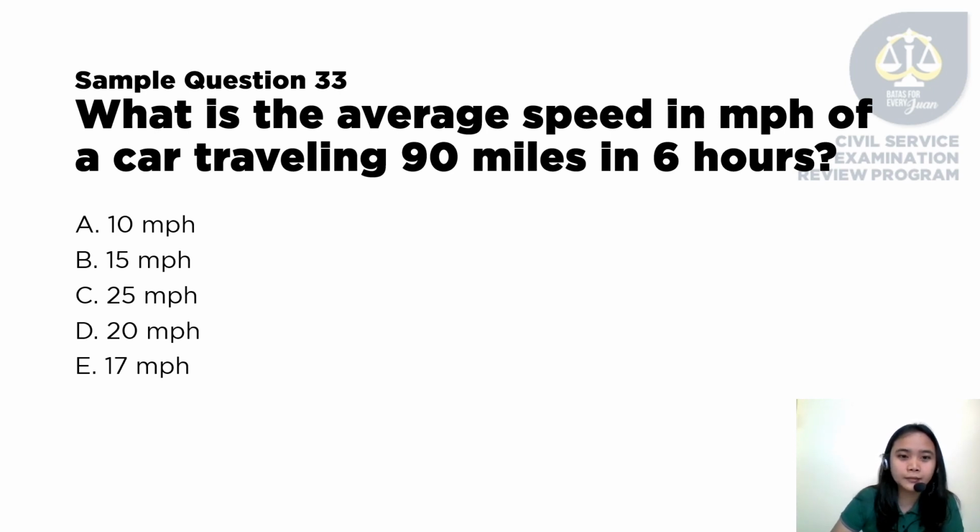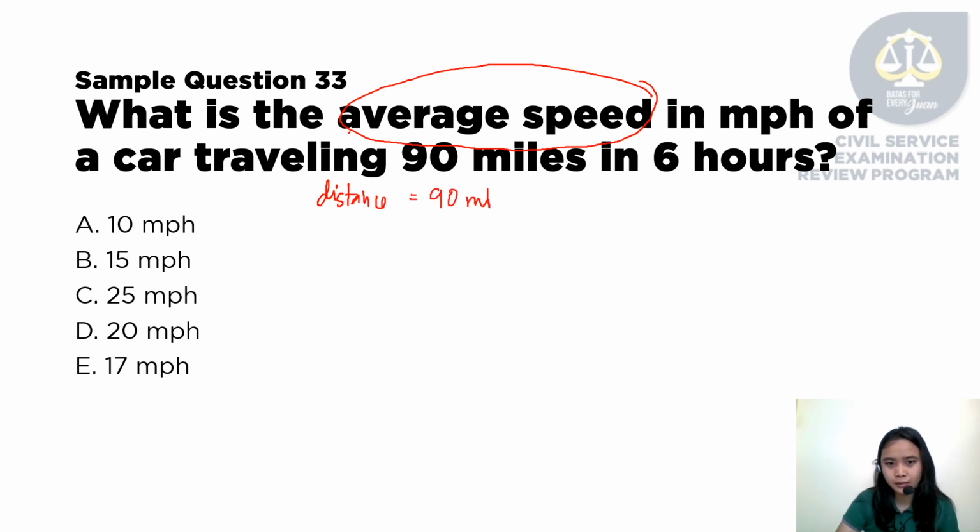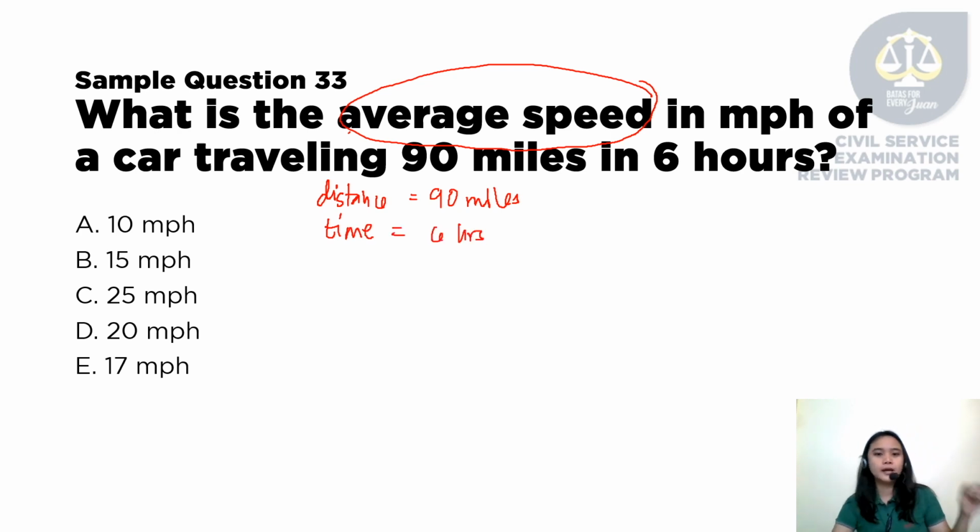So, dito sa question number 33, hinahanap natin yung unknown, that is yung average speed. So, ano yung mga given natin? Given tayo ng distance. Distance natin ay 90 miles. Given din tayo ng time. Time natin ay 6 hours.